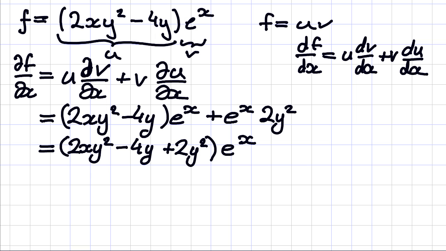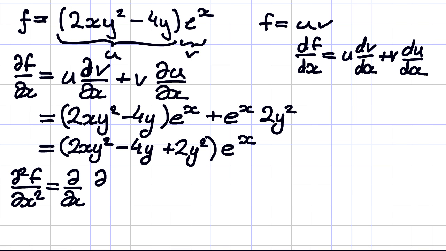So I'm going to carry on with the x derivatives, and now I'll take the second partial derivative with respect to x, d2f dx squared. So that's just d by dx of df dx, which I calculated above.